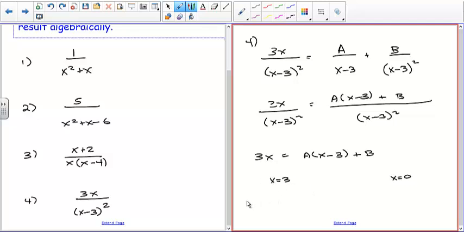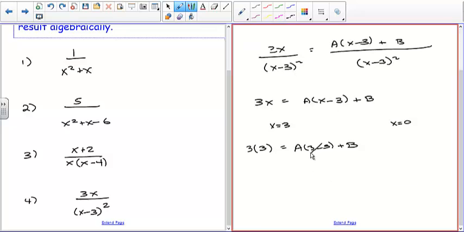Okay, so let's plug in x equals 3. So we get 3 times 3 is equal to a times 3 minus 3 plus b. So you can see what happens here. This goes to 0, and you get b is equal to 6. Now over here we have 3 times 0, and that's one of the reasons we choose 0, because that term goes out.